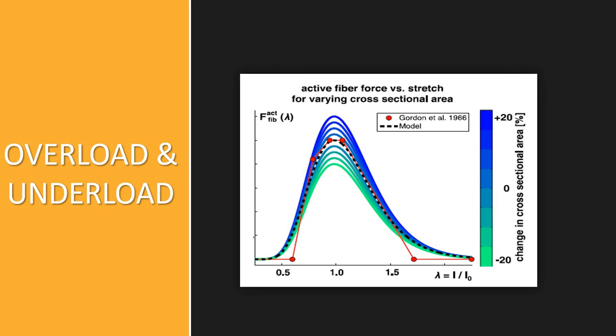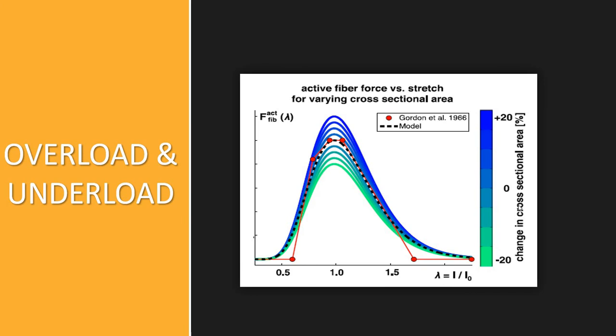So, how do overload and underload affect the force length relationship? Well, in terms of the active force portion of the force length relationship, it's fairly obvious, really. Again, up the y-axis we have force, x-axis we have length.